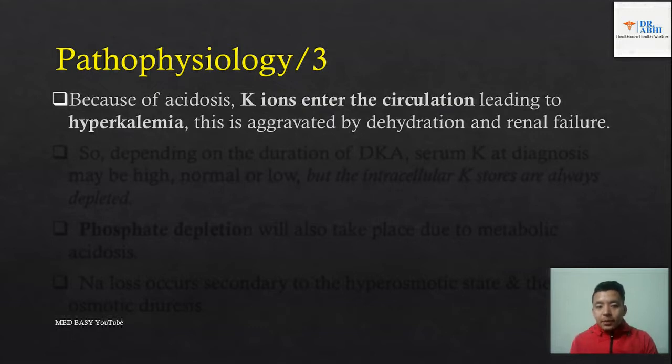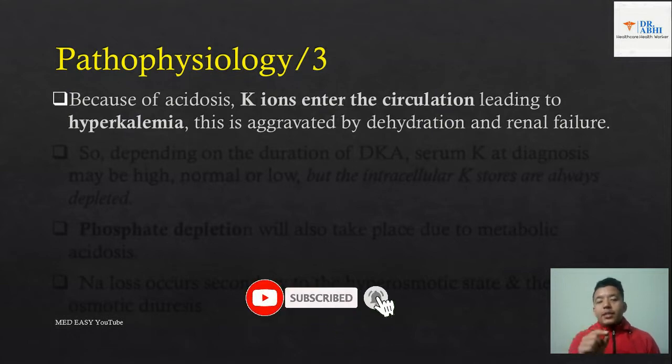Initially there is hyperkalemia, and in the later part when the cells utilize the potassium, the state of the body is hypokalemic. For the management, I'll explain it later as well, but we have to keep potassium in mind also, so don't get confused. Initially there is hyperkalemia, later on there is hypokalemia.